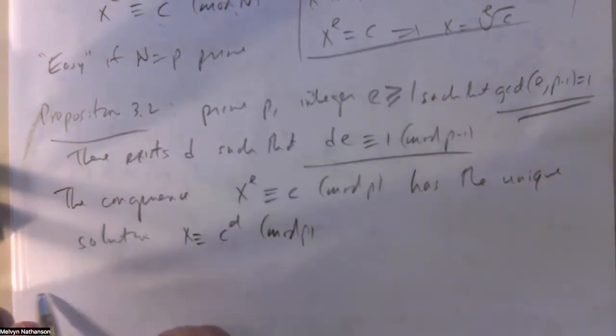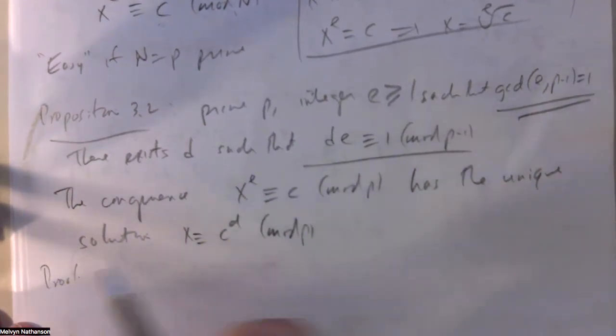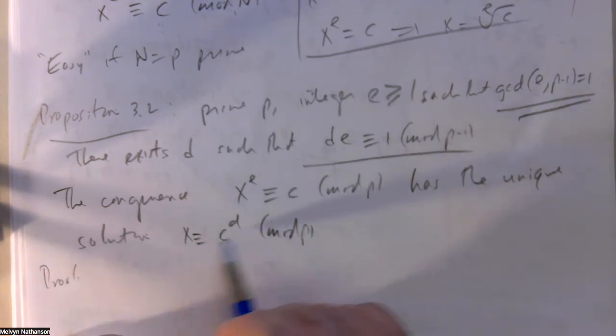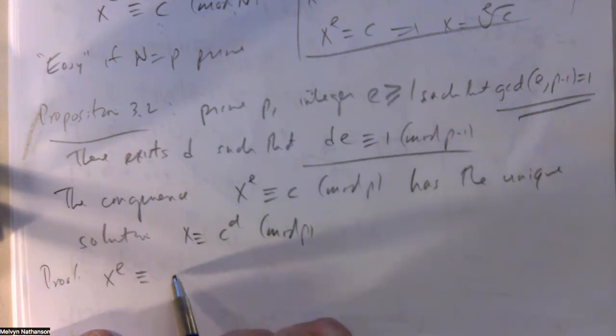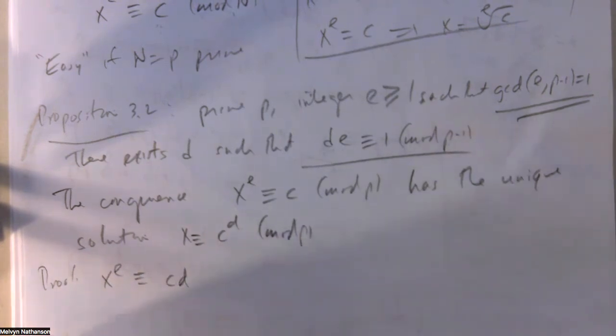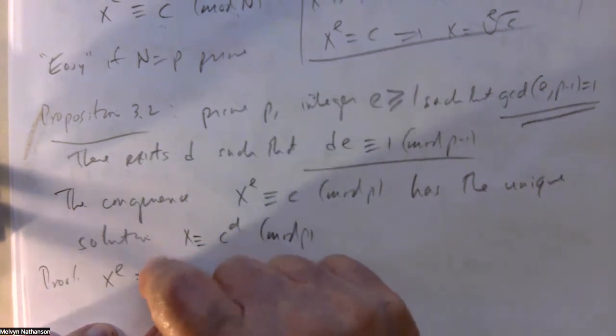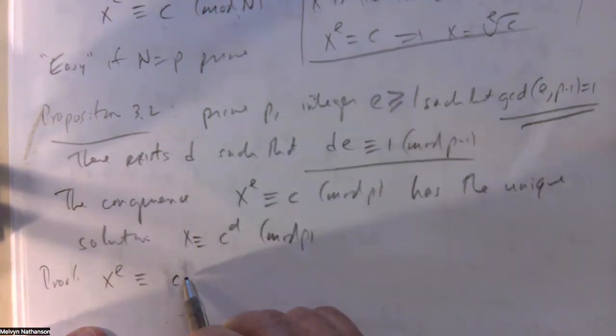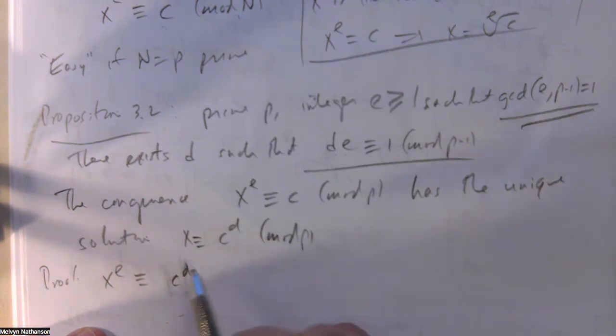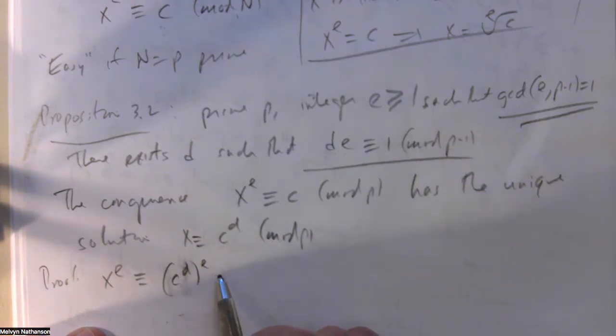And the proof is really just one line. If I let x be c to the d, so x to the e is c to the d to the e.